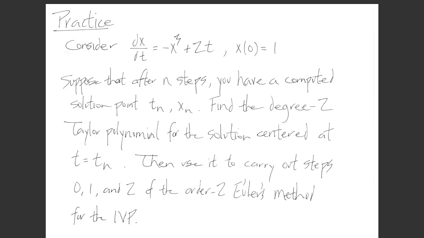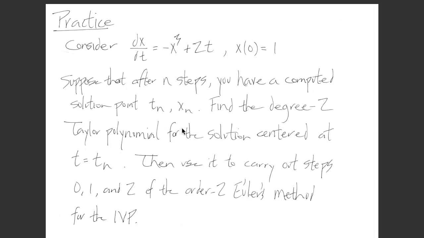It's Sunday, April 5th, and I wanted to take a quick minute and look over the practice problem that I left you with at the end of our previous video. So here it is. We wanted to look at this ODE, an initial value problem, and basically set up the degree 2 Euler's method for this problem.